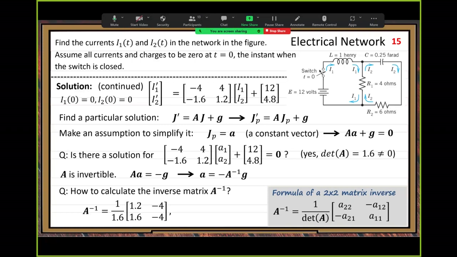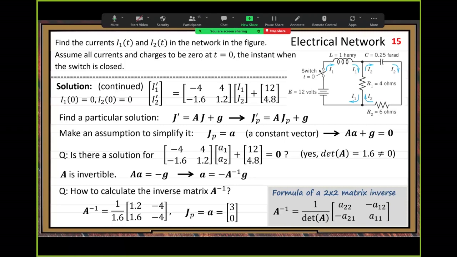So 1.2 in the top left corner, negative 2 in the bottom right corner. The other 2 entries just take the opposite sign, multiply by negative 1. So that's the 2 by 2 inverse. So A inverse, we have this.